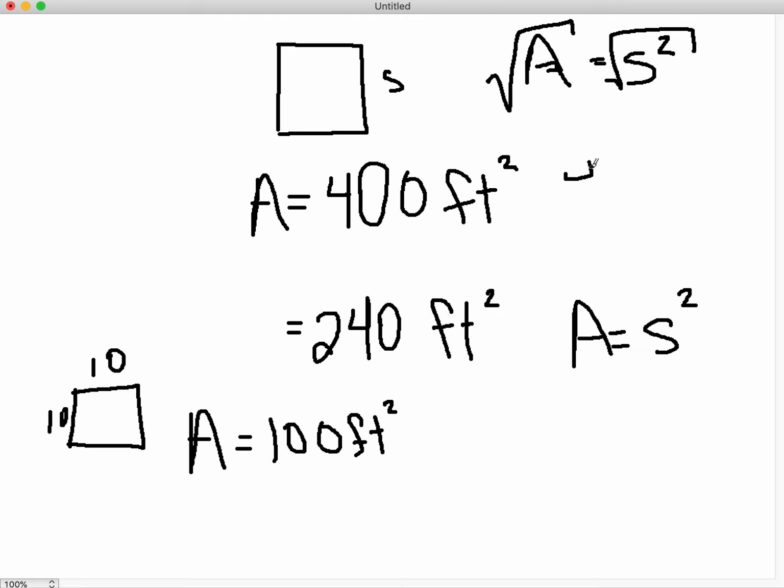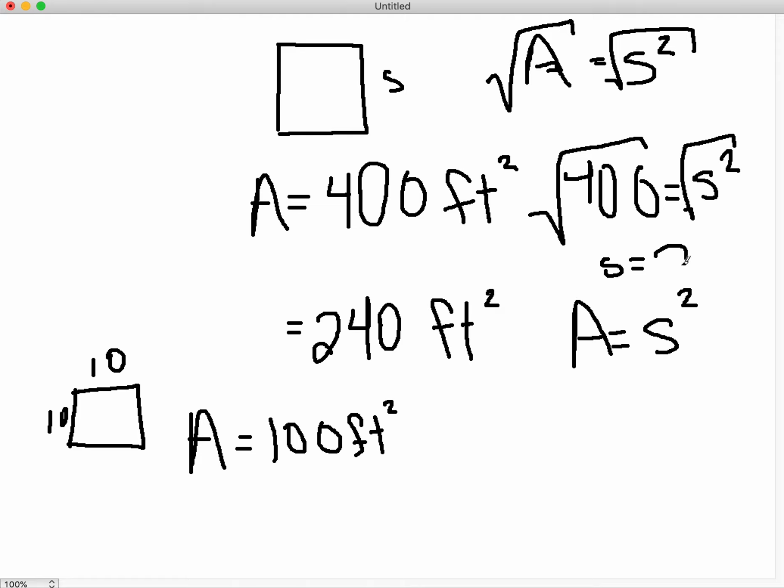So if I have 400 as my area equals side squared, then I would take the square root of both sides. Now, 400 is a nice pretty square root because it's going to be 20. The units for 20, since it was square feet, my units are feet.